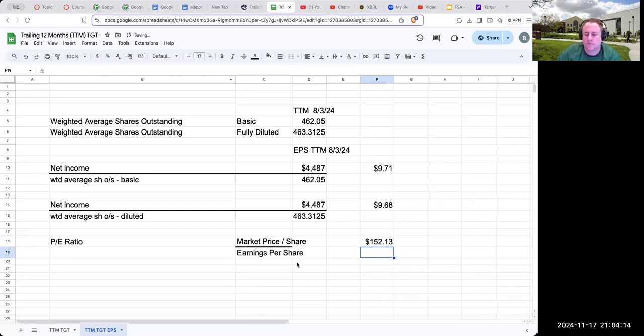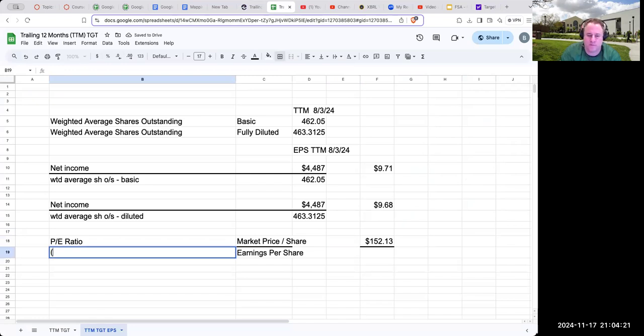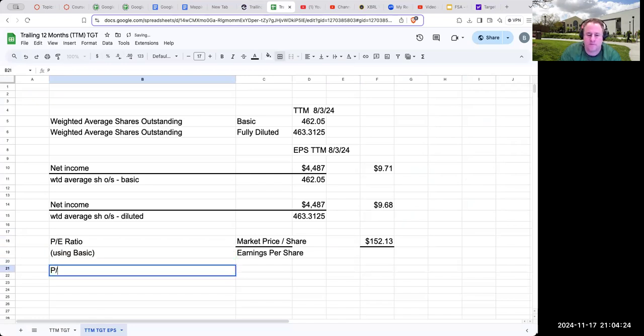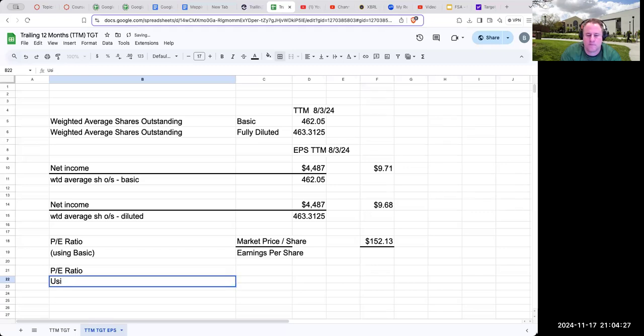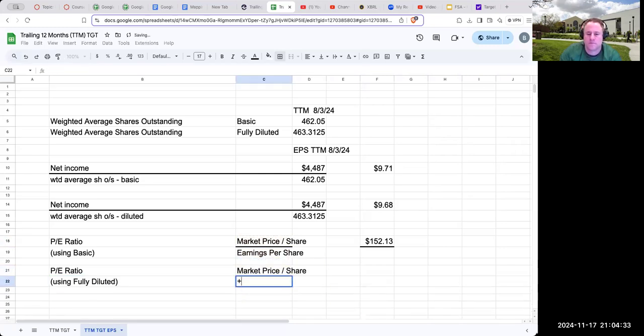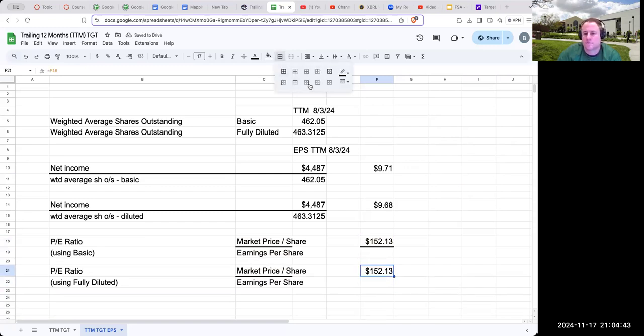And my earnings per share, if I first go through using basic, so this is my basic trailing 12 months earnings per share.